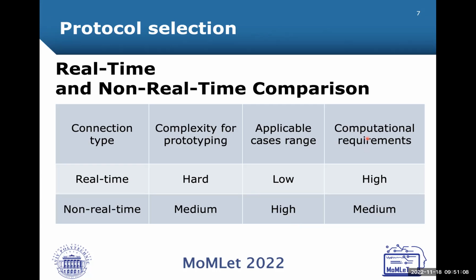And computational requirements for real-time are higher. For non-real-time, you can use a postponed queue, so you need fewer resources. That's why for the prototype we chose to go only with non-real-time. We have some parts for real-time as well, but that was not a focus of our prototyping.